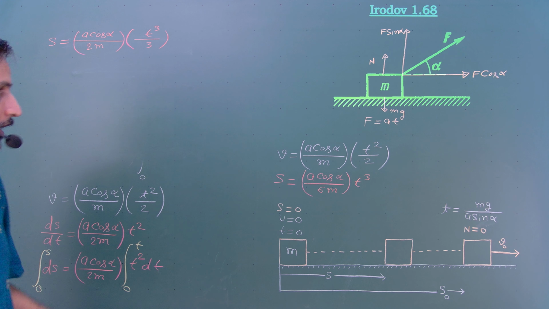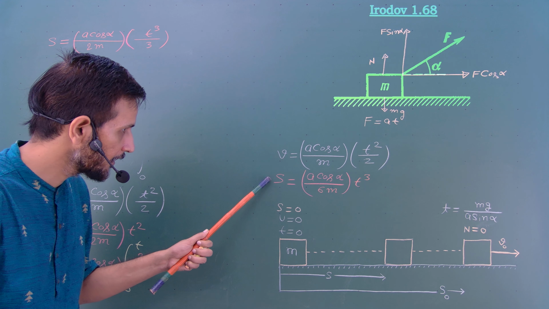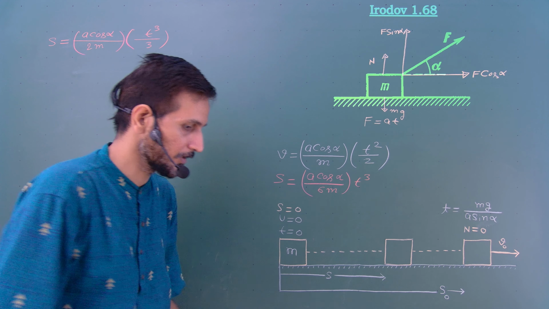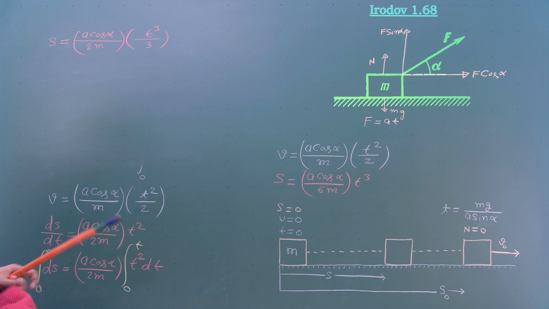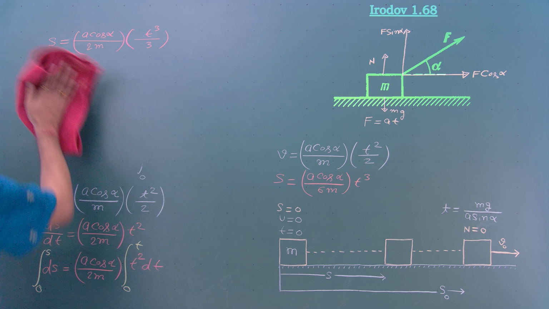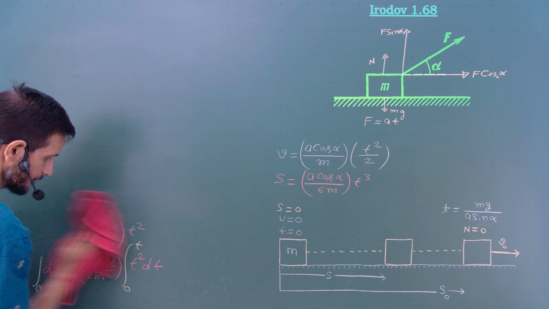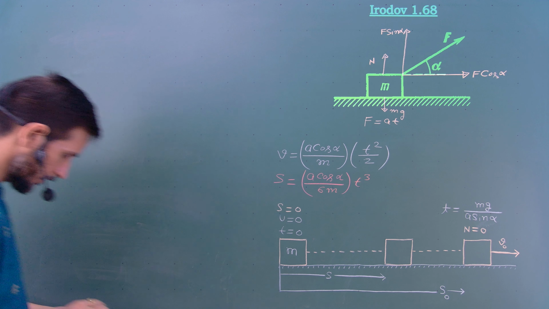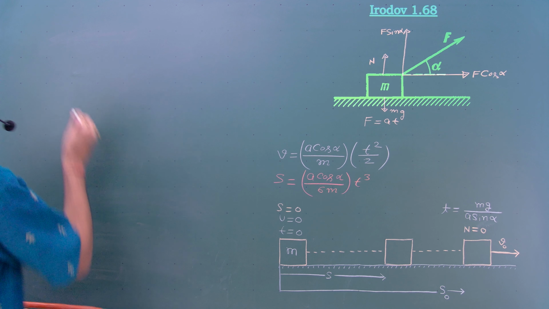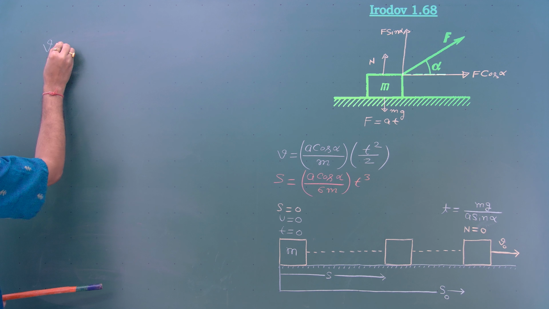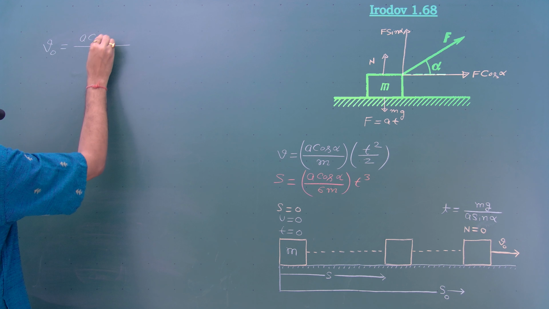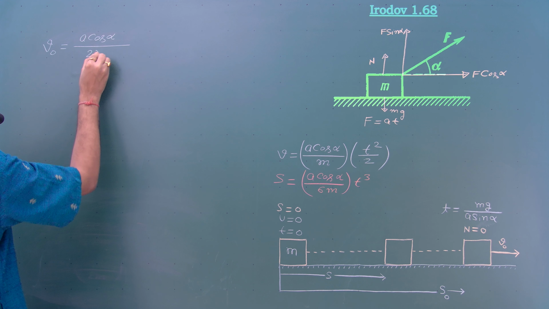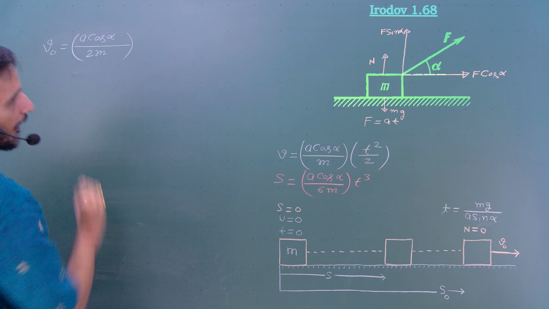Now we have to calculate the value of v and s when t is this number. So just put the value of t into these two equations, you get the answer. So the velocity v naught equal to A cos alpha divided by 2m into square of time.